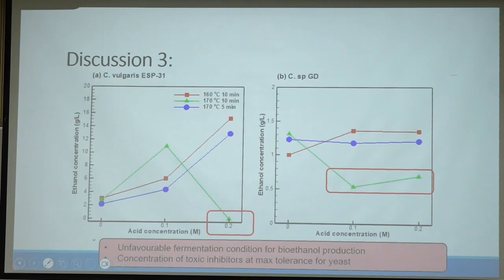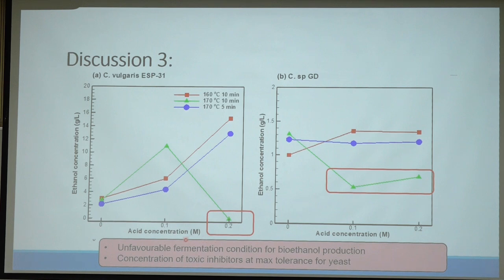You see, as we expected, if the reducing sugar is highest, the bioethanol or ethanol concentration will be highest too, right? Correct or not? But it is not. Why? Because the fermentation condition is unfavorable for the bioethanol.